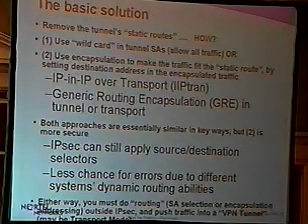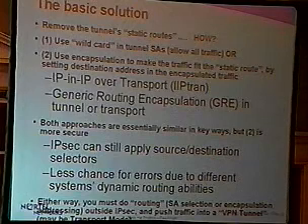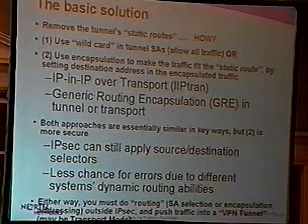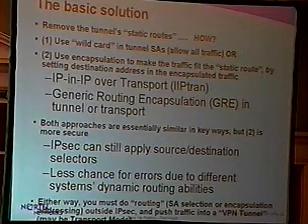So the basic solution, in order to overcome the static routes that are essentially the way IPsec works, is to use a wildcard as you set up your tunnels. There are really two ways to do it.